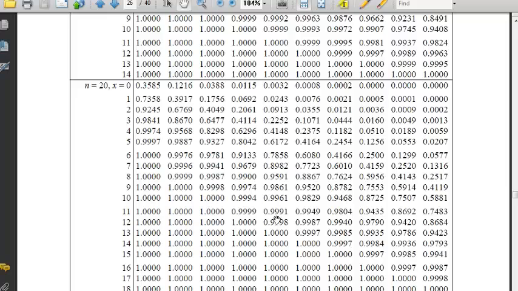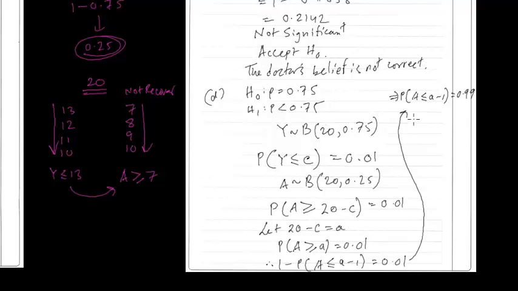The closest to 0.99 is here: 0.996 and 0.986. The closest is 0.9961, because this is a bit more than 0.99 and the other is a bit less, so this is the closest, so 10.